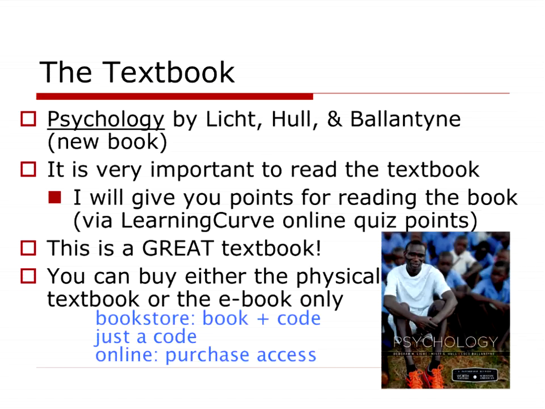And I've given you information about how to get up and running with what's called Launchpad, and that was included in an announcement on Blackboard that was also sent to you guys via email. Okay, so 3 options. You go to the bookstore and you buy the book with an access code. You go to the bookstore and buy just the access code, or you go online and make your purchase directly online.